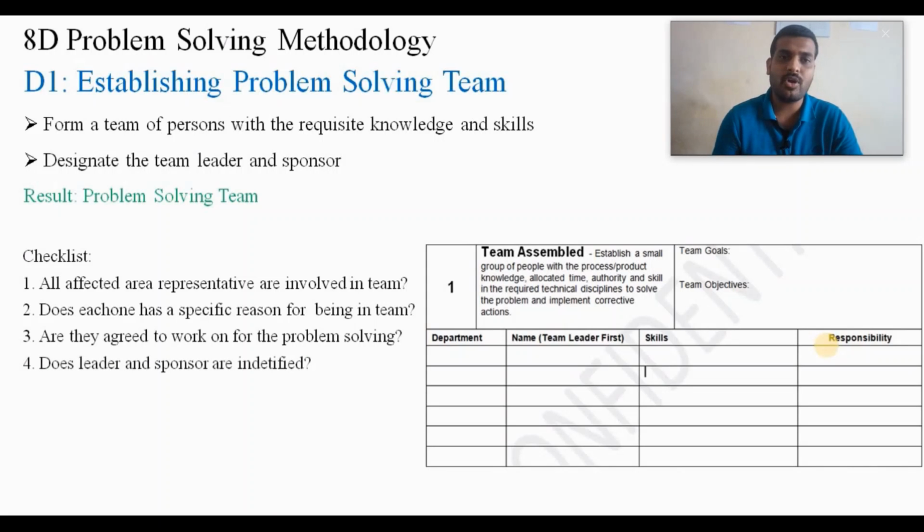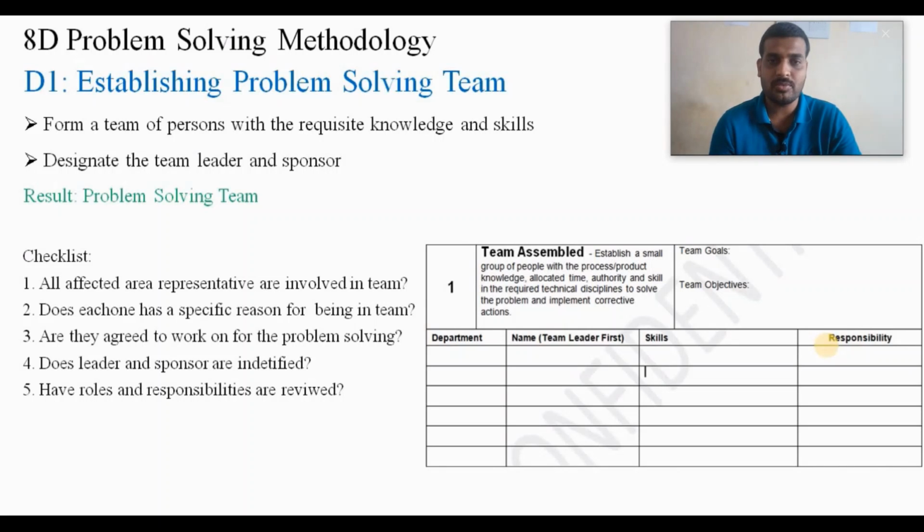And the last checkpoint is, have the roles and responsibilities been reviewed with them? These are the checkpoints. With this you will come to know that the team is built with cross-functional team members with adequate knowledge and responsibilities. So this is about the D1 phase. Now we will move to the next phase, that is D2, problem description.